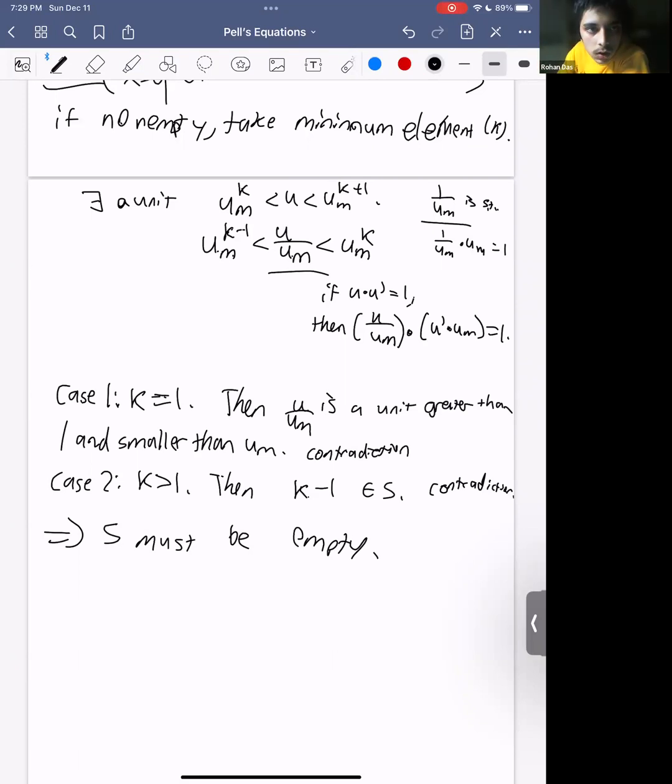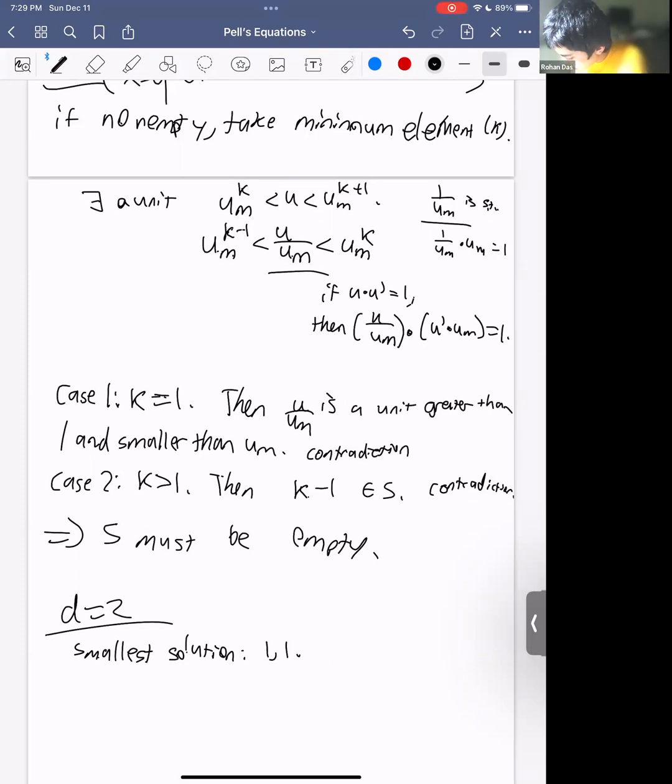So to give a quick recap of how you use these powers, for d equals 2, we have the smallest solution. And I never actually proved that this is the smallest solution, but you can do it with a bit of computation. I mean smallest solution greater than 1. This corresponds to 1 plus square root of 2.